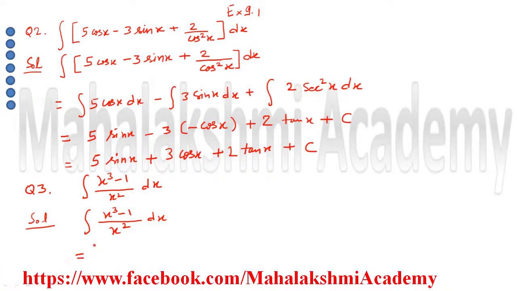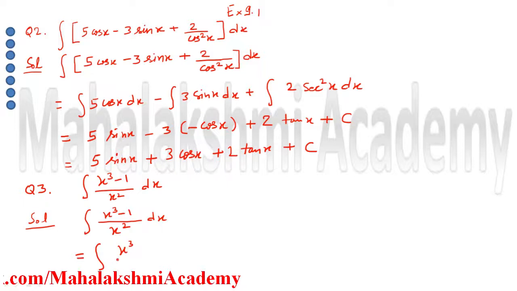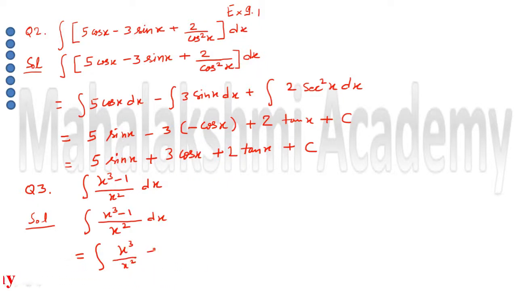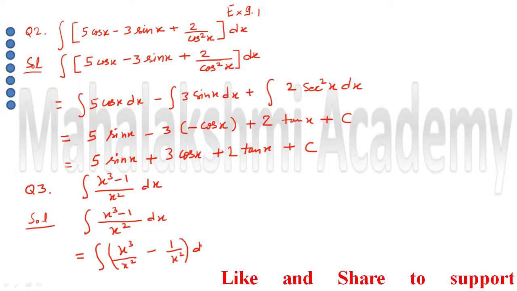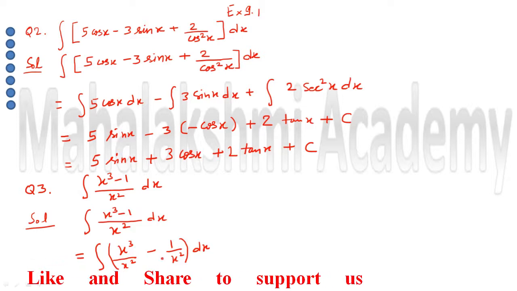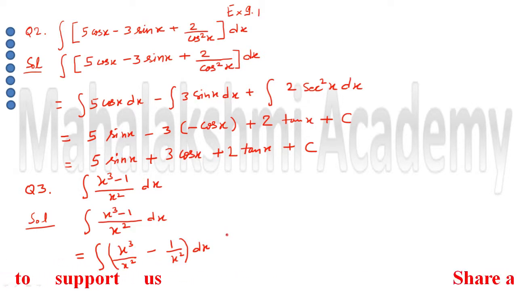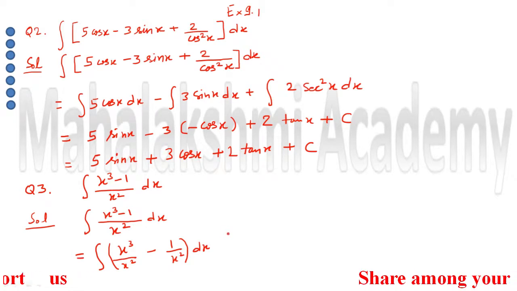When we separate the denominator, it will look like this: x cube divided by x square minus 1 upon x square, keeping the bracket here, and then this dx. I separated the denominator so that I can easily integrate them. Now we will move to the next page.